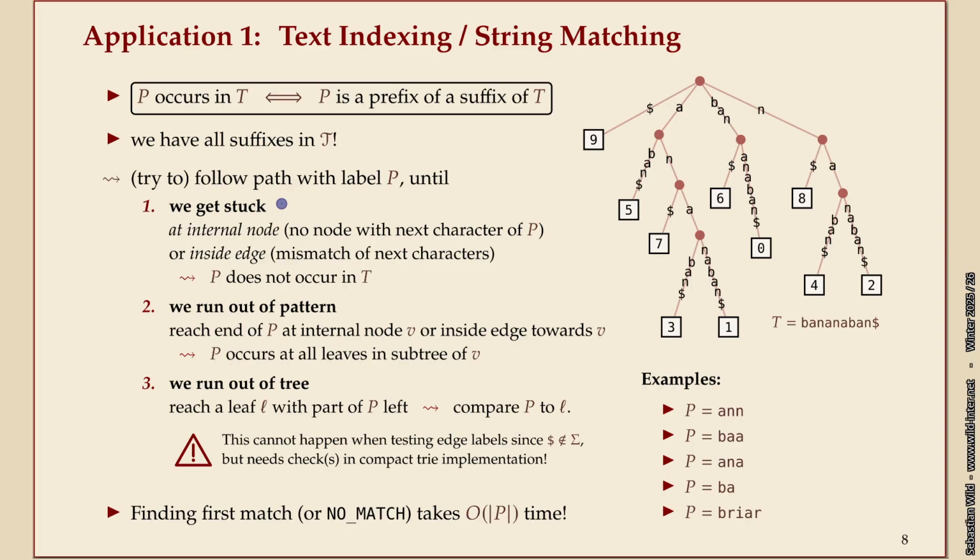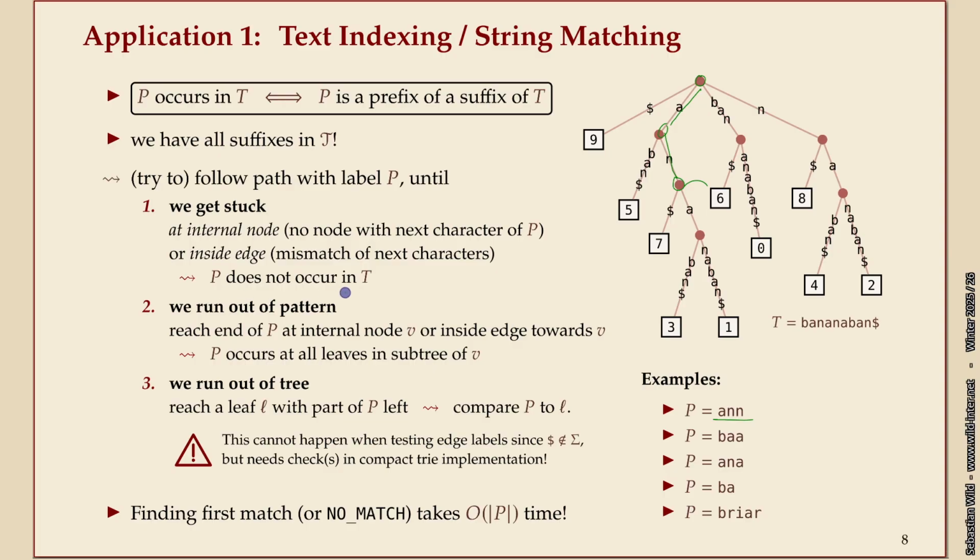So, for example, this first string here, if you read A, N, and then another N, there's no outgoing edge for N. So here I'm falling out of the tree. That means I couldn't find any occurrence because there's already a prefix of the pattern that doesn't occur anywhere in the text.